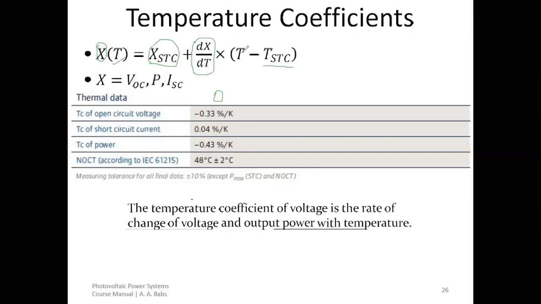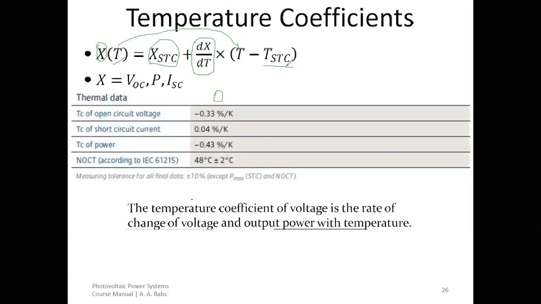And then this T would mean the new temperature that we're looking for. It will be the same T that is here, minus the standard test condition temperature. So in many cases, you usually have the standard test condition temperature, and they tell you that as standard test condition, this is the power rating, the nominal rating of the PV system.